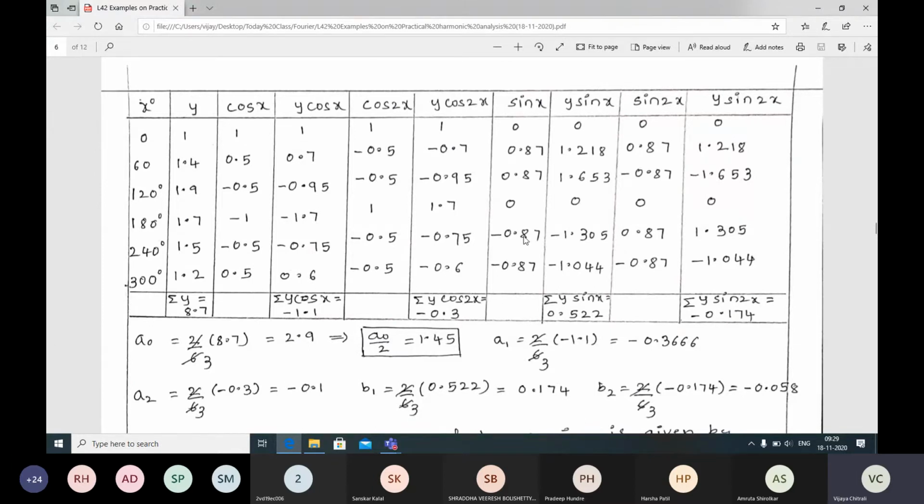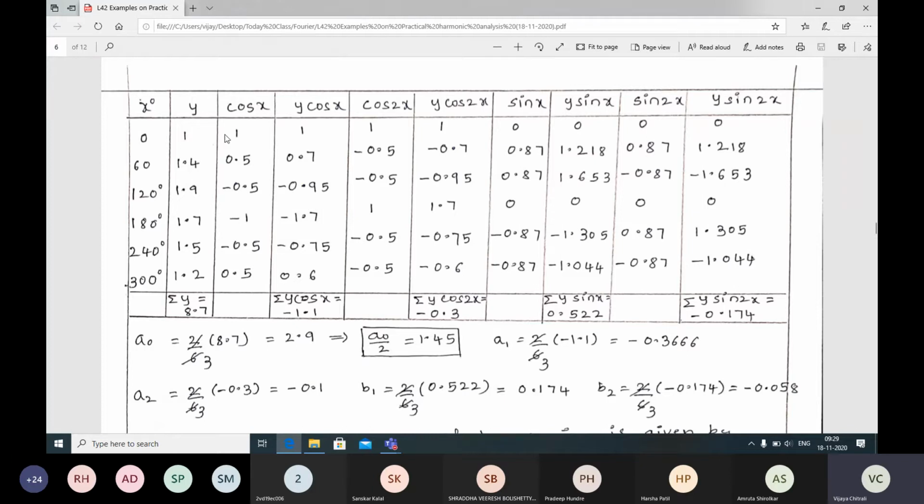Now first find the sine x values. So sine 0, 0. Sine 60, 0.87. Sine 120, 0.87. Sine 180, 0. Sine 240, minus 0.87. And sine 300, minus 0.87.